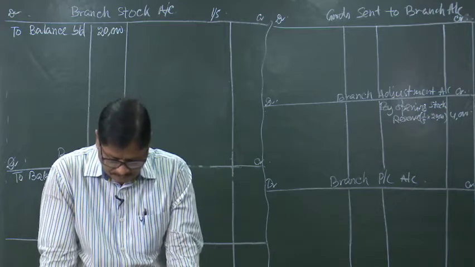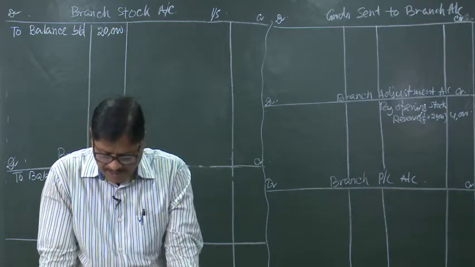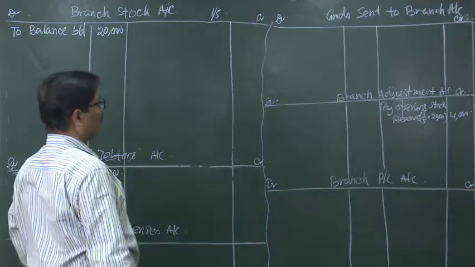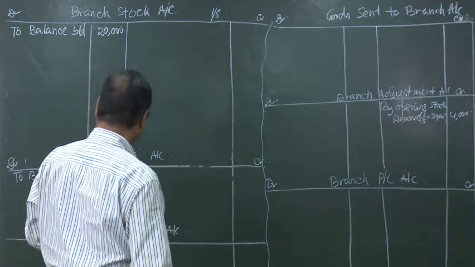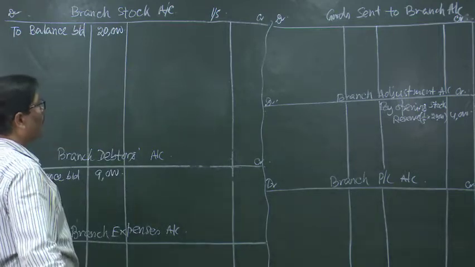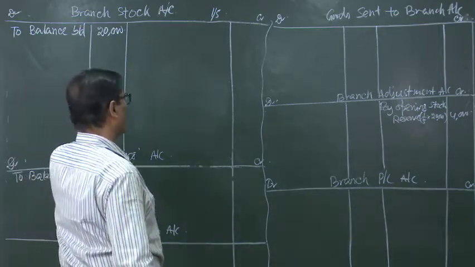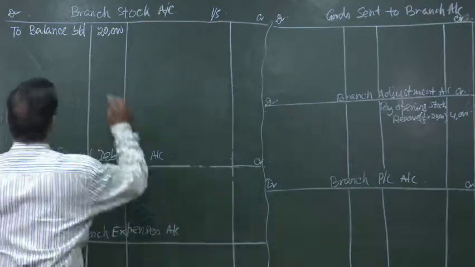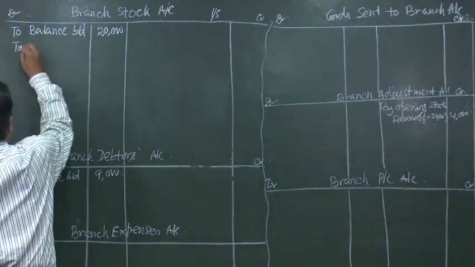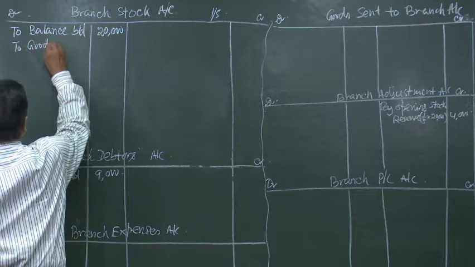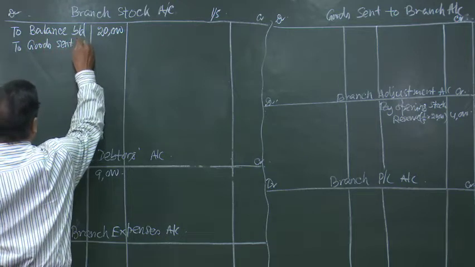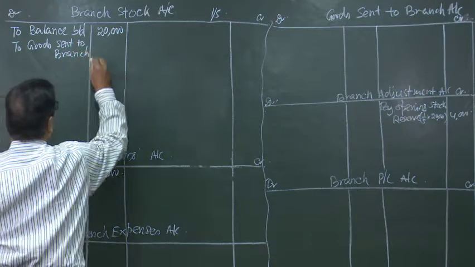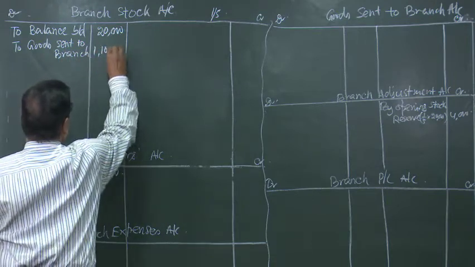Then goods sent to the branch during the year 1,10,000. Branch stock account will increase by goods sent to branch 1,10,000.